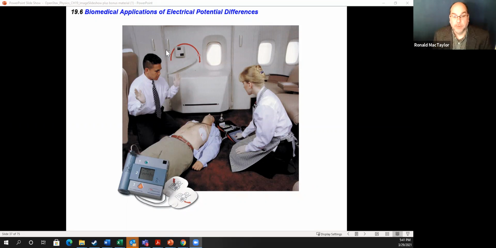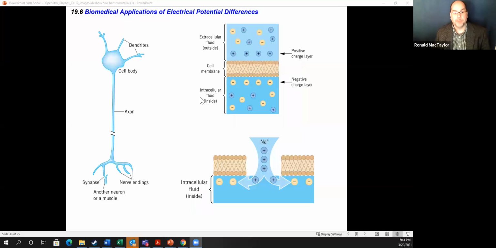If you're trying to jumpstart somebody's heart, you would build up a certain amount of charge and then clear and boom, try to get their heart beating again. And I think this guy on the airplane kind of looks like a young Barack Obama. I don't know, just strange likeness.